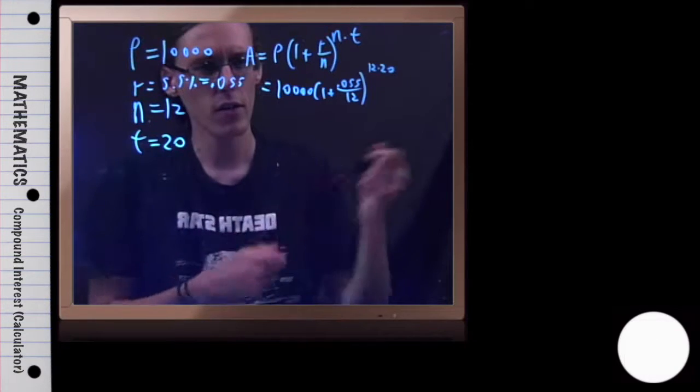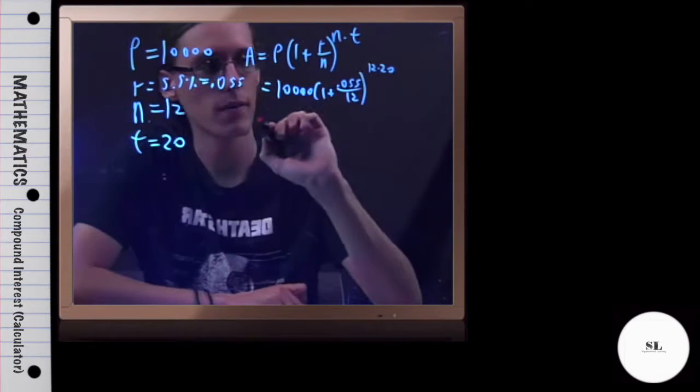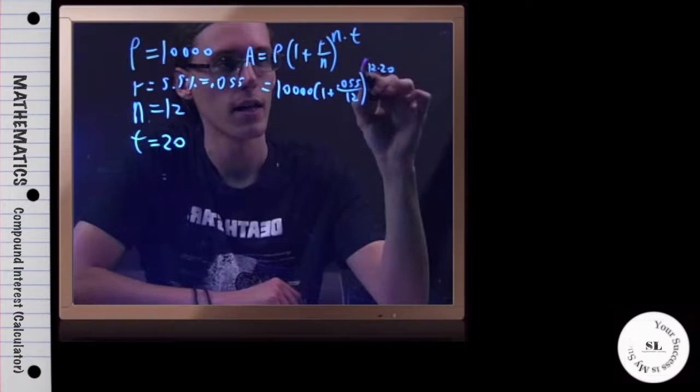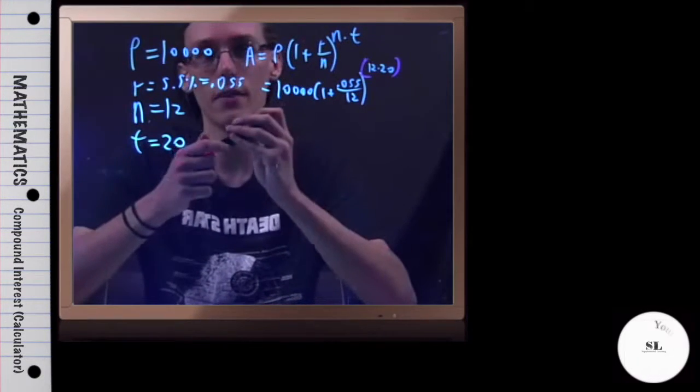And so when I use a calculator and I have multiple things inside of an exponent, I always throw parentheses around there, because I'm paranoid and I want to be really careful that everything comes out correct.